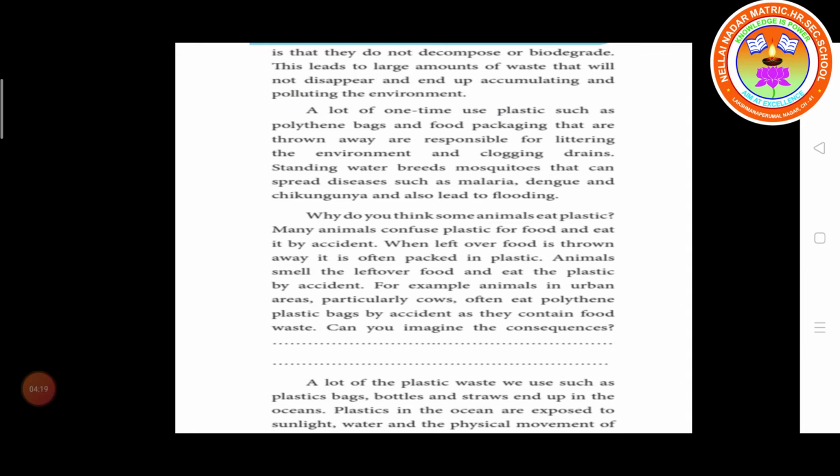When leftover food is thrown away, it is often packed in plastic. Animals smell the leftover food and eat the plastic by accident. For example, animals in urban areas, particularly cows, often eat polythene plastic bags by accident as they contain food waste.